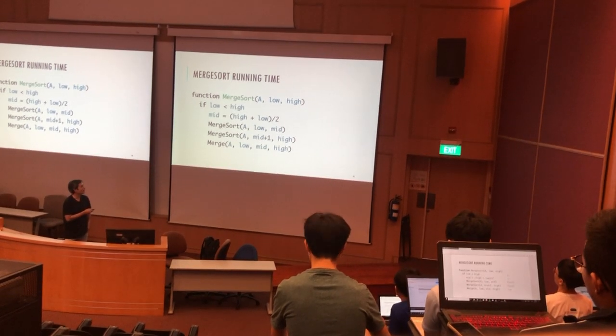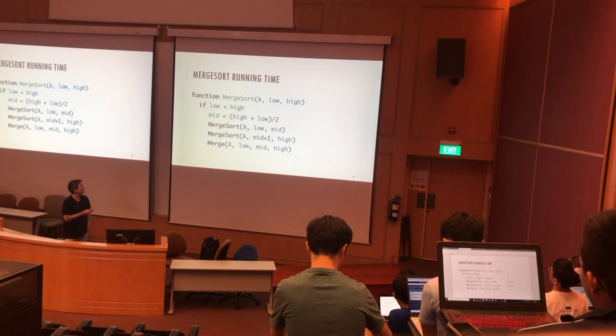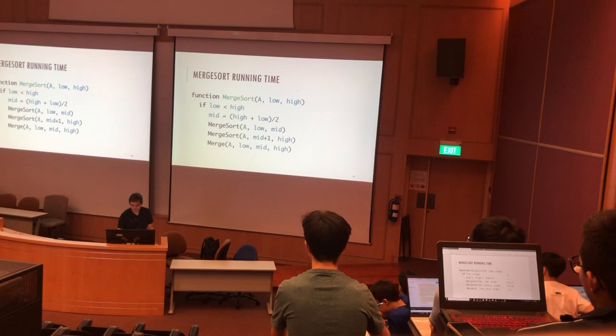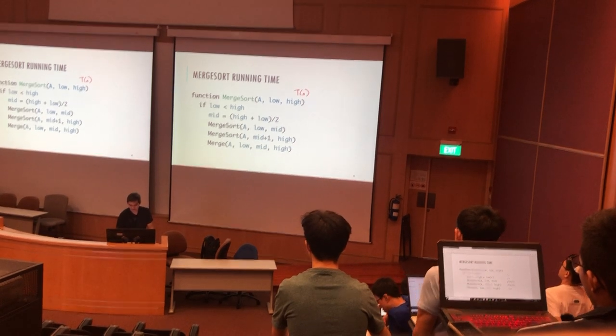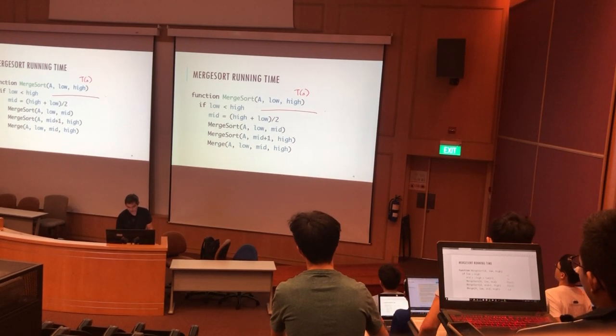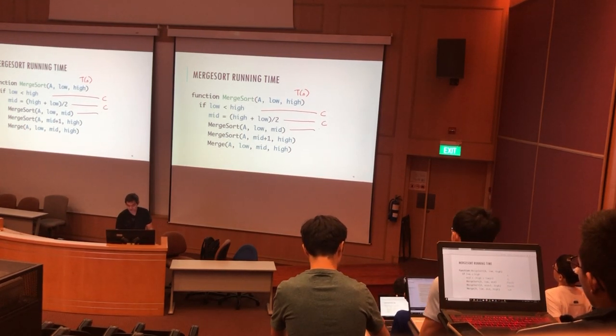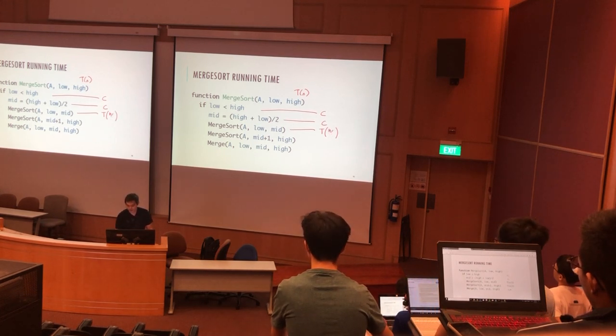This one calls A from low to mid, and this one mid to high, right? If merge sort is T(n), so this will take some constant time. This takes, what goes in there? n over 2, good.